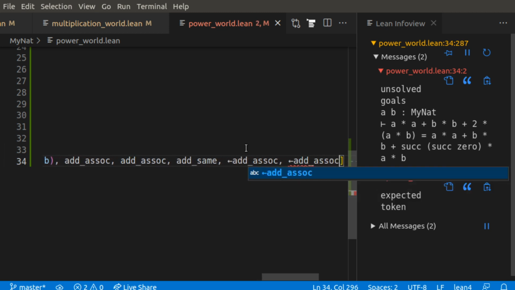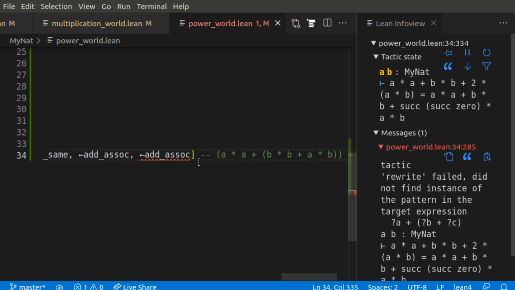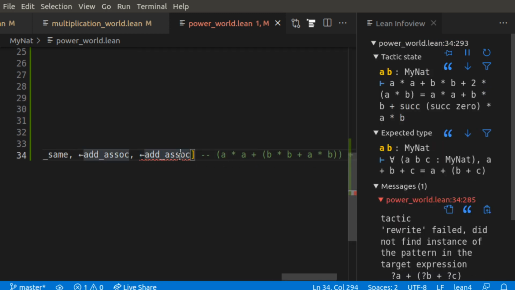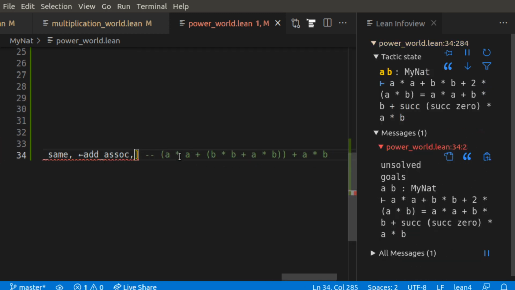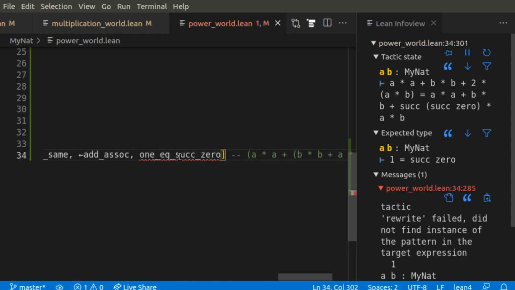Add associative. Are we at a place to, oops. Okay. Huge, this is huge. Okay, now we want to, well, 1 equals successor of 0.